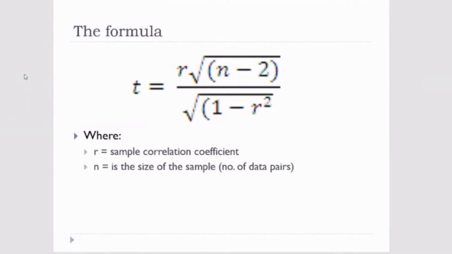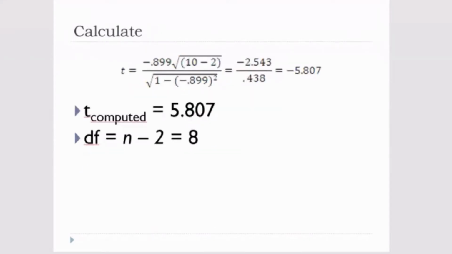Where R is the sample correlation coefficient, meaning the value of R or the coefficient of correlation, and N is the size of the sample or the number of data pairs. So in our previous example, can you recall, what is the value of R?